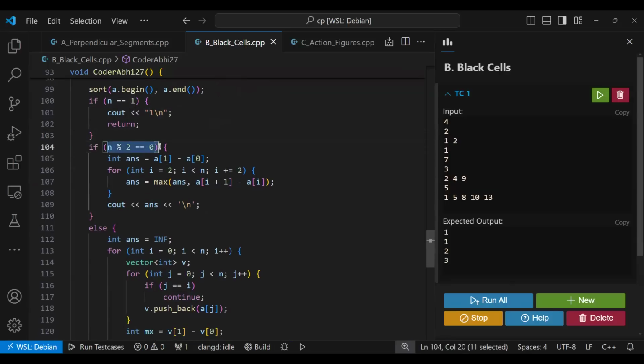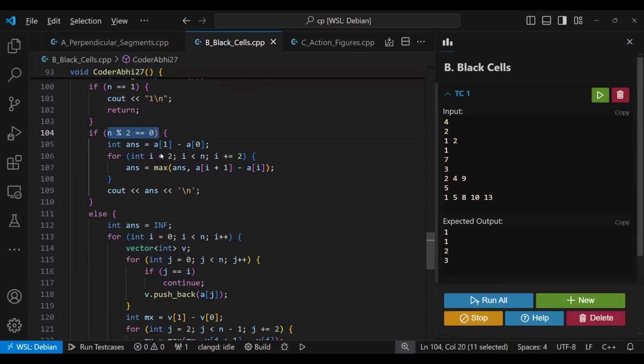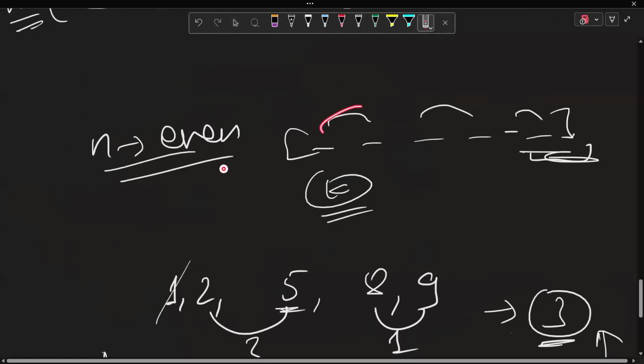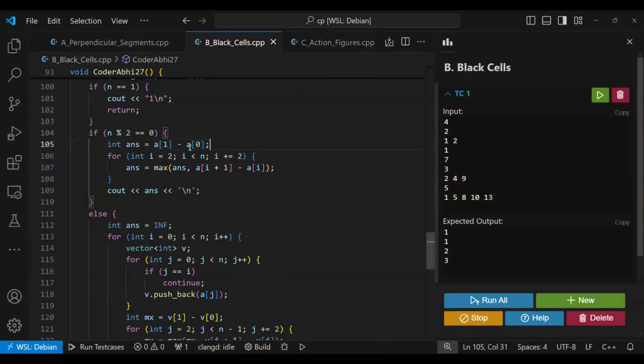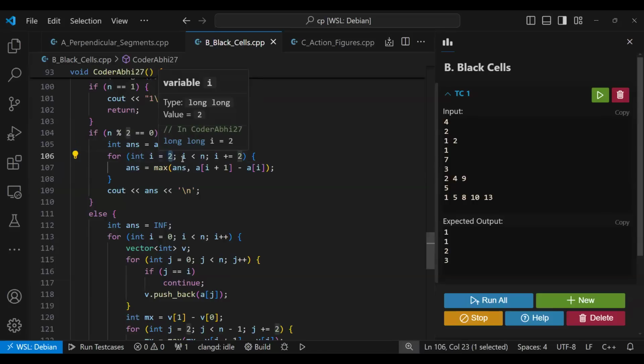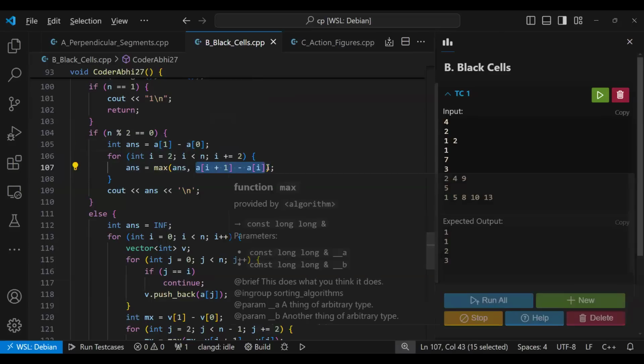Then if n is even, for the even case I would just take the maximum among all the pairs of differences. The first difference is a1 minus a0, and I've initialized my answer with that. After that, I run a loop from i equal to 2, i plus equal to 2. I'll go to every alternate index and take this difference, a of i plus 1 minus a of i.